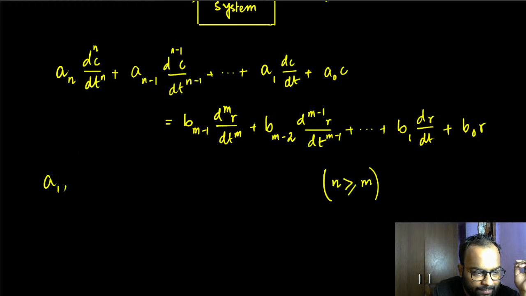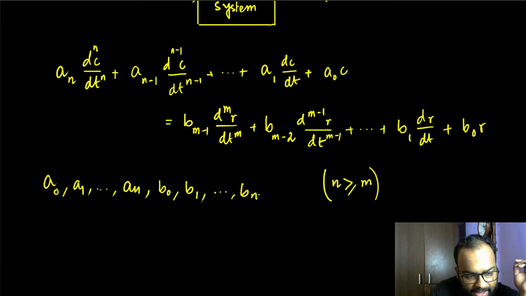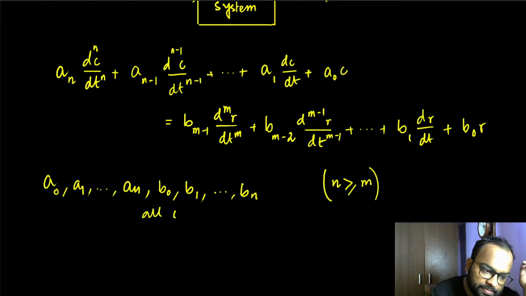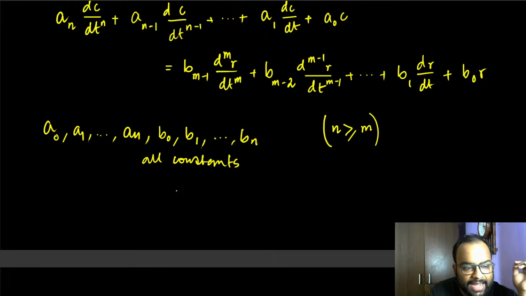So a0, a1 up to an, and b0, b1 up to bn, these are all constants. It means they are neither functions of time nor functions of the input or output.